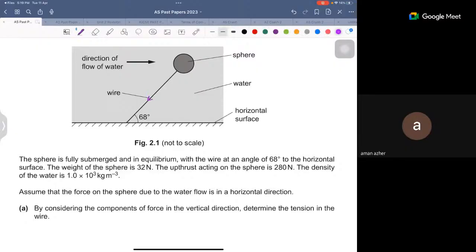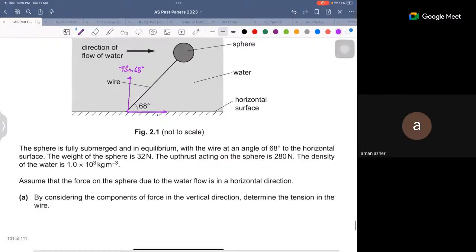It's pulling it here, this way. So tension should have two vertical components, right? Whether you make it this way or that way, it's fine. One this, one that. So this is going to be T sine of 68. That's fine. And determine tension in the wire.